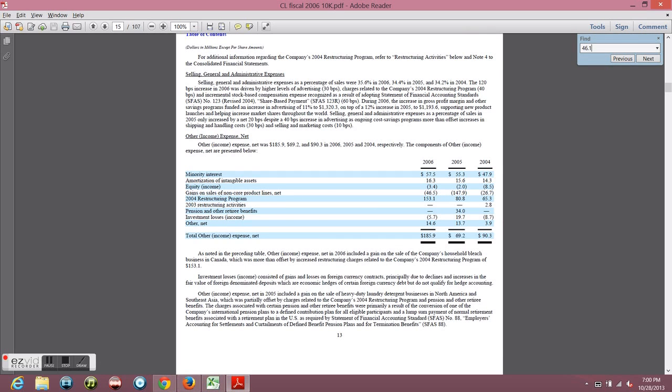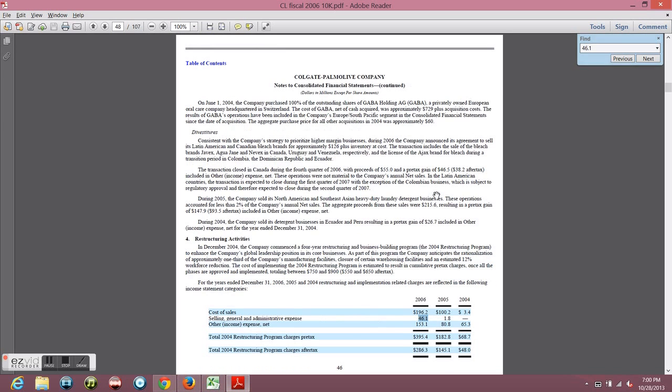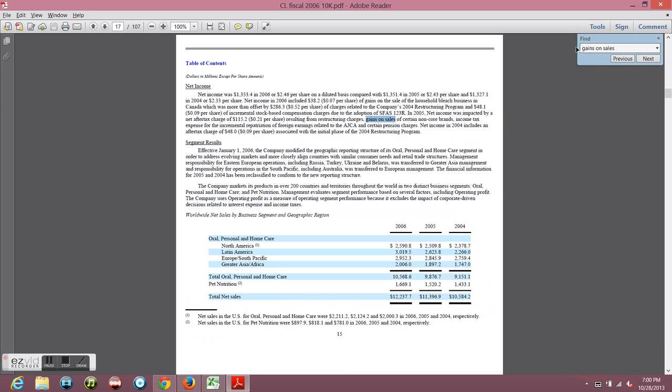We actually found the information of how much tax amount on gains on sales we have. I just need to hunt it down.